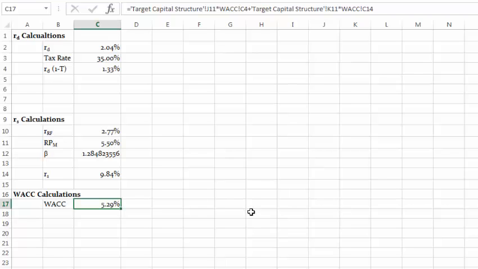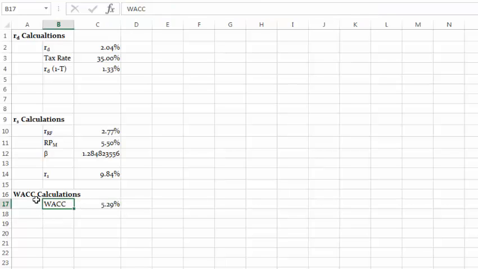Now, let me do a couple of other things here really quickly, and that is compare to, this is my levered weighted average cost of capital. So I'm going to call that, this is really the weighted average cost of capital under its current capital structure, target capital structure. What would happen if we got completely unlevered?